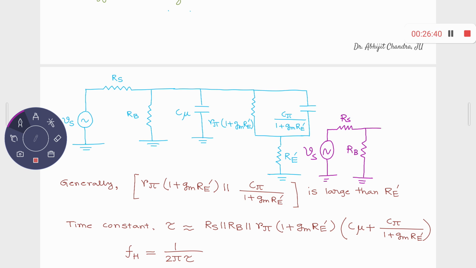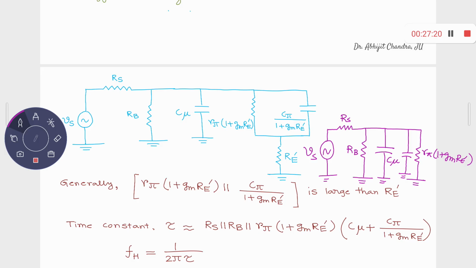You have this capacitor in the form of C mu, and you have this resistance in the form of R pi into 1 plus GM RE prime, and you have another capacitor, and this value is C pi by 1 plus GM RE prime, right?